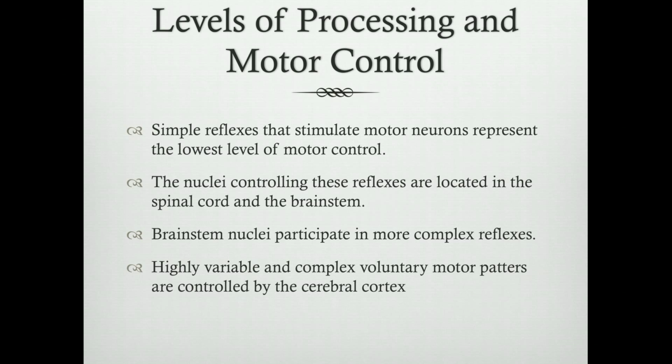Brainstem nuclei typically participate in more complex reflexes, but the highly variable, really complex voluntary motor patterns are controlled by the cerebral cortex. These are going to be universally controlled by the cerebral cortex because they're variable, because they're complex.